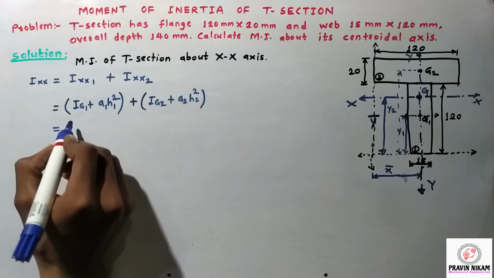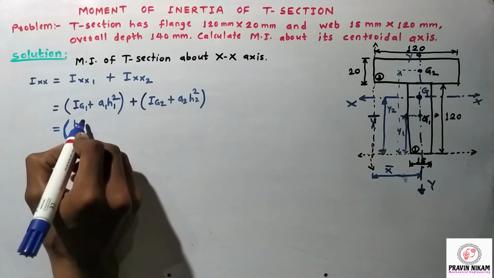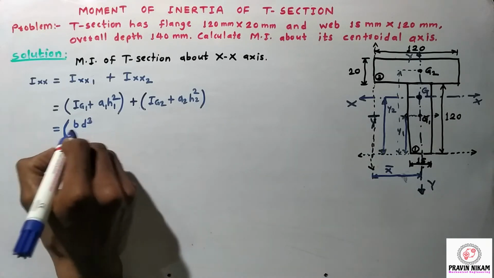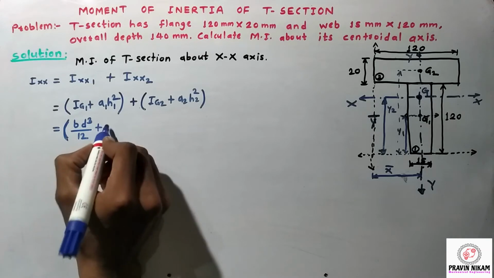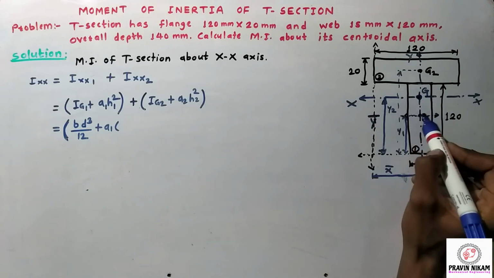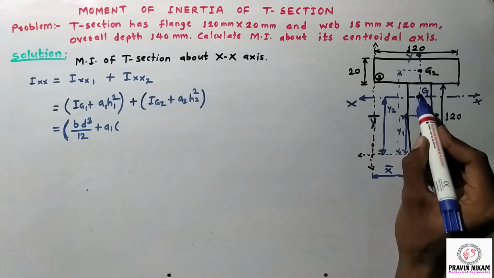So that is equal to Ig1 for section 1. We know for a rectangular section Ix is B D cube divided by 12, plus A1 H1 square. H1 means the distance between these two centroids, the centroid of section 1 and the main centroid.